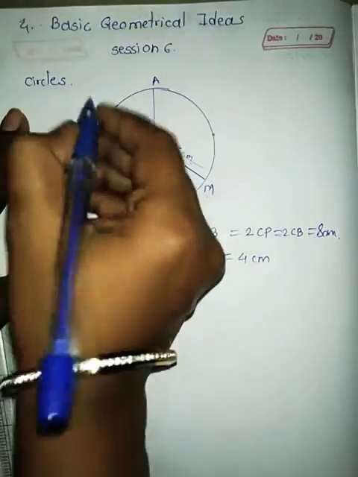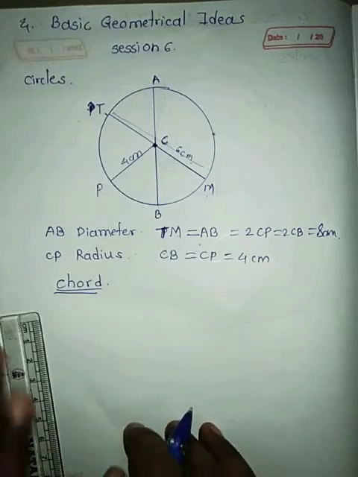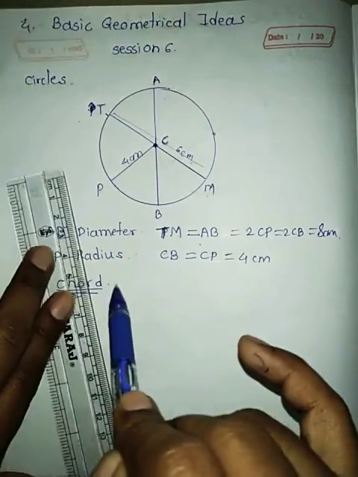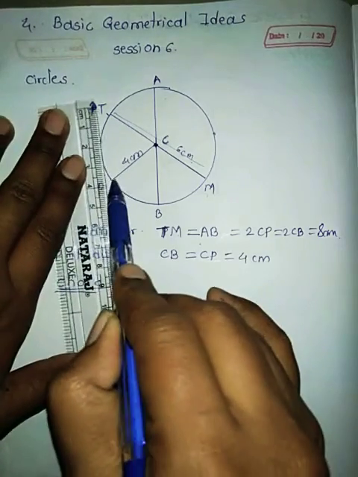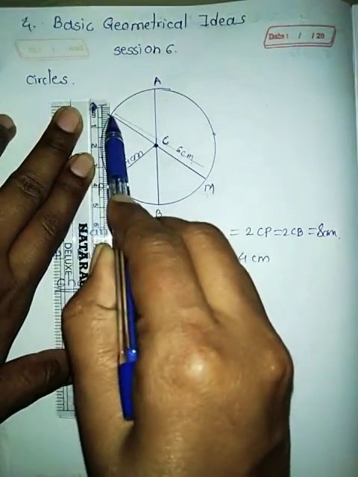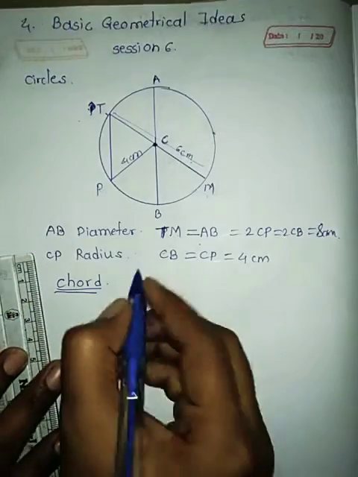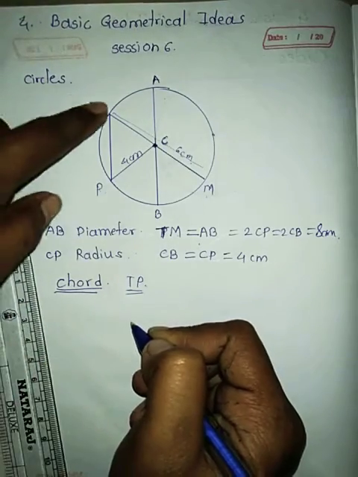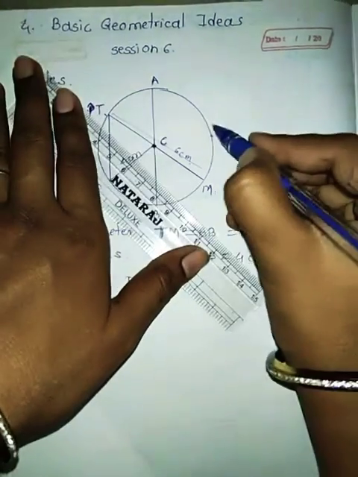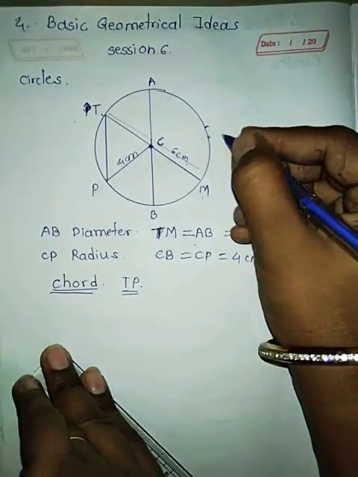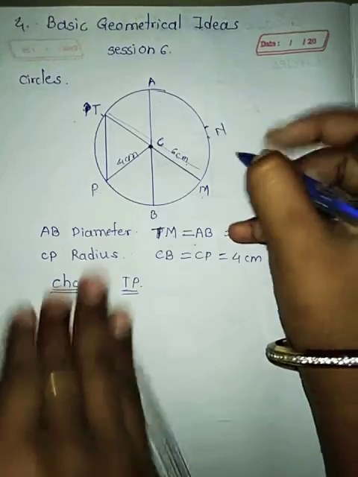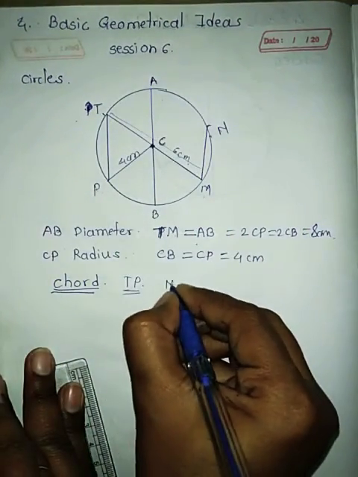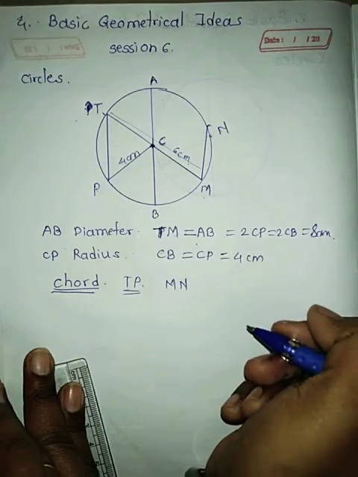Now the chord is the line which is joining 2 points on the circle. Suppose this point and this point, TP. TP is nothing but a chord of a circle. Or suppose somewhere I am taking another point N. If I join this, then MN is also a chord.